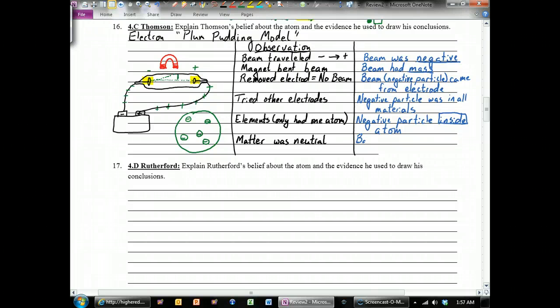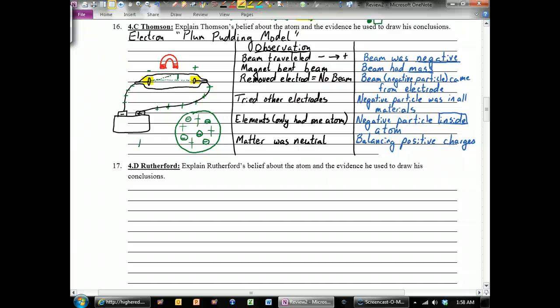So there must be positive charges balancing. And since he didn't see any positive particles leaving the atom, they must, for some reason, not be moving, and they must be stuck inside of the atom. So the way he conceptualized that was that the whole rest of the atom was positively charged, a big gooey mass of positive charge that he thought of as pudding.